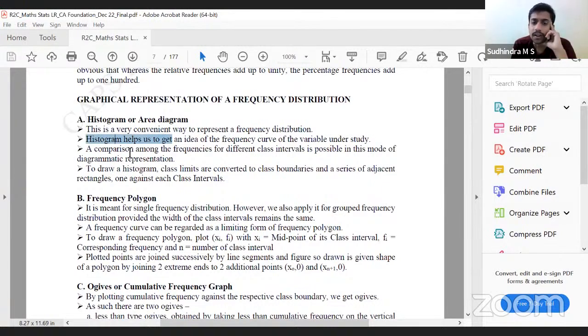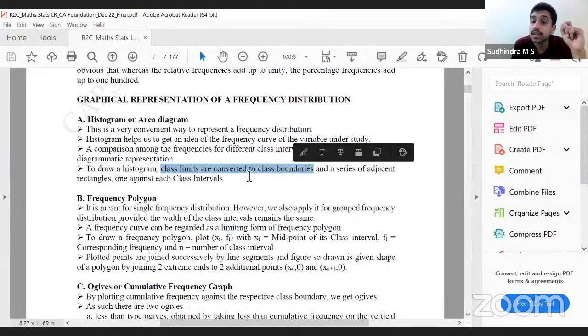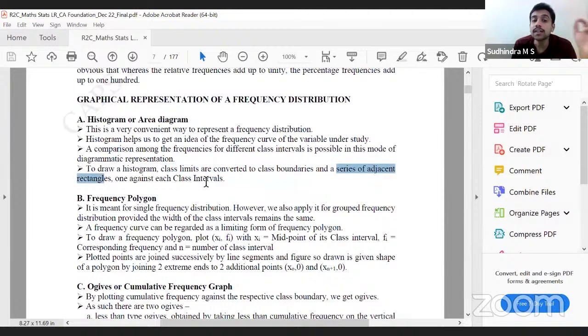Histogram gives an idea of the frequency curve, and comparison between different class intervals is possible. To draw histogram, class limits are converted to class boundaries and a series of adjacent rectangles, one against each class interval, will be drawn. Adjacent rectangles. These are the two important concepts here.